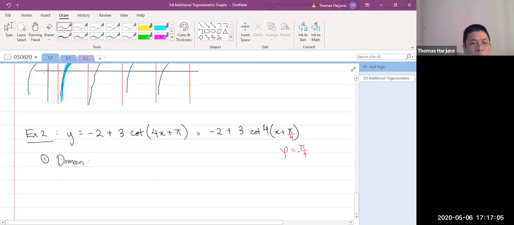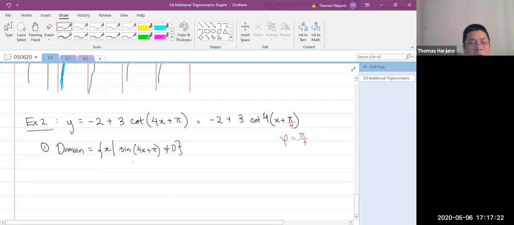The domain will be all real numbers except when, since cotangent means sine at the bottom, sine of 4x plus pi is not equal to 0. But I cannot leave my answer that way. Sine is equal to 0 when the angle is a multiple of pi. So 4x equals, subtracting pi, that's still a multiple of pi.